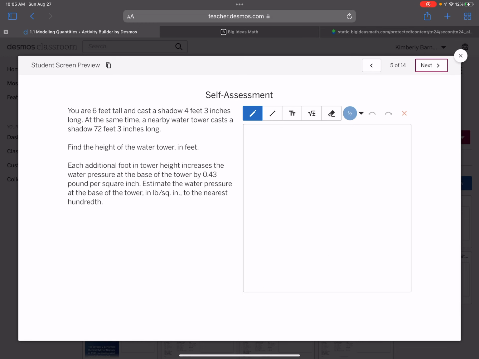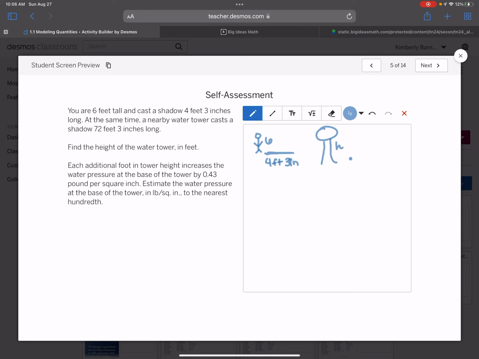All right, last self-assessment problem. So go ahead and pause, work on this problem, and then come back and check your answer. All right, so you are 6 feet tall. So that's you. Your shadow is 4 feet 3 inches. Okay, there's also a water tower.